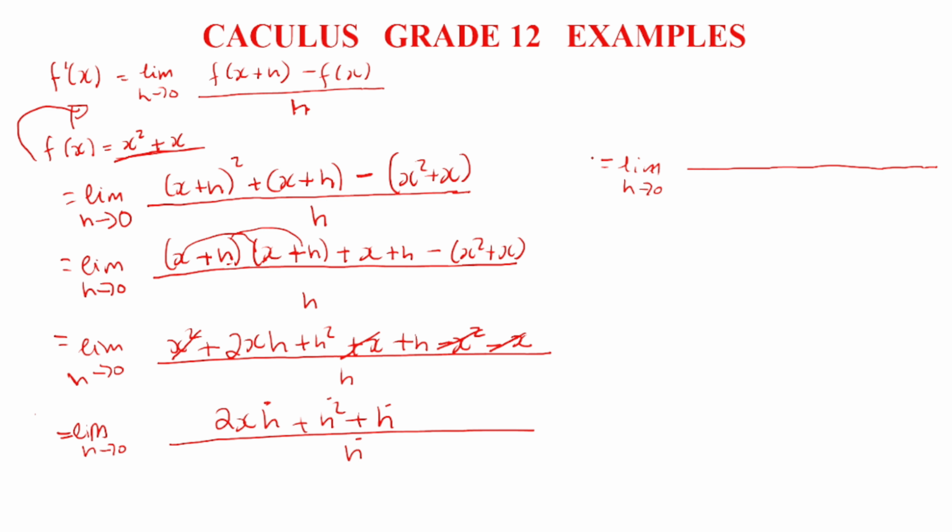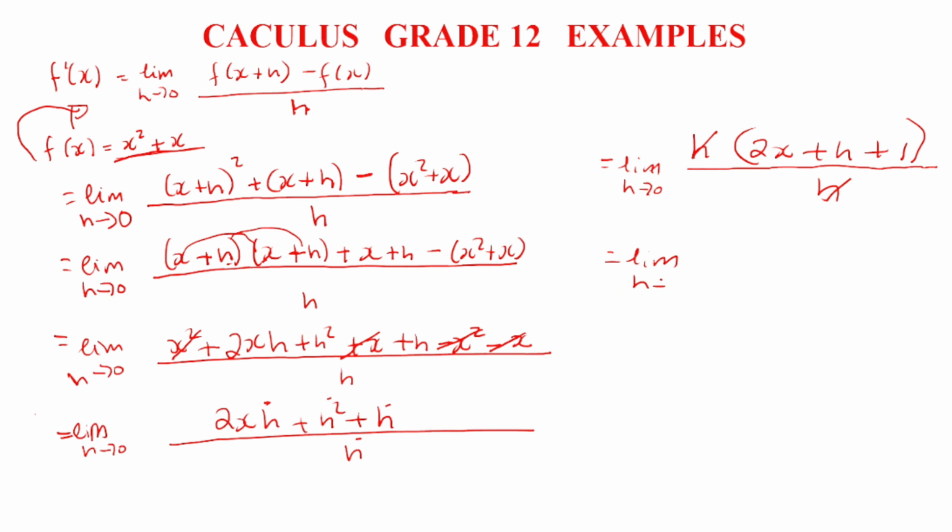There you go. Then now you are going to take out a common factor of h. Here you are going to be left with 2x plus h plus 1, close bracket, all over h. You've got h at the numerator, h at the denominator, therefore these h's will cancel out. Therefore, this is what you are left with.